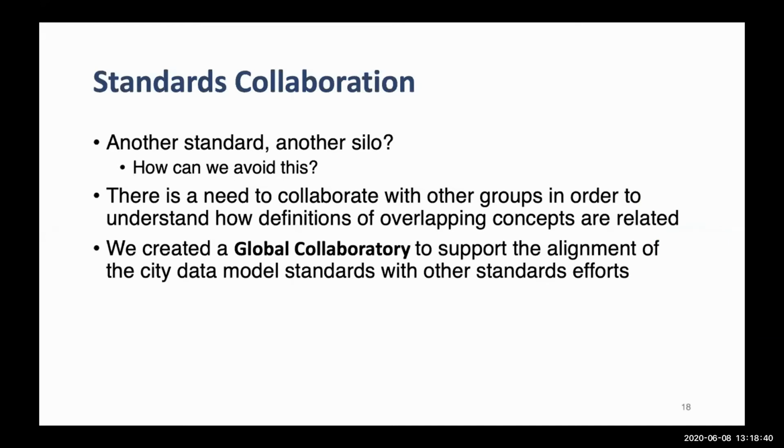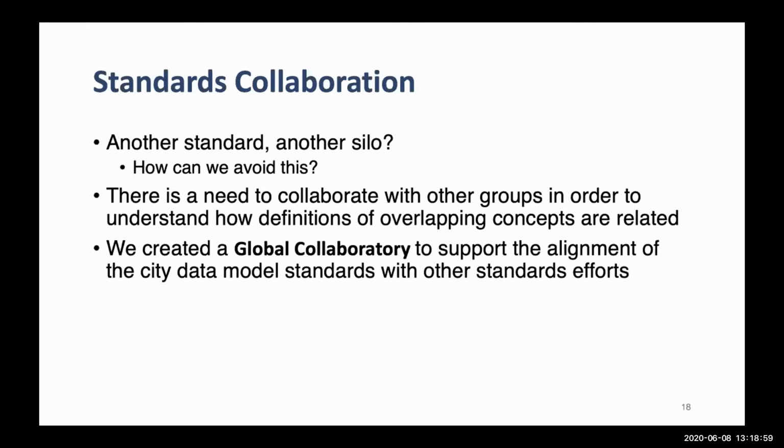And so just to finish up, I want to address the topic of standards collaboration. As we're working on continued development of our work in iCity as it translates into this standard specification, a really big consideration is this idea of collaboration between standards.